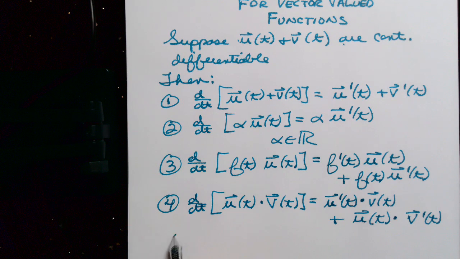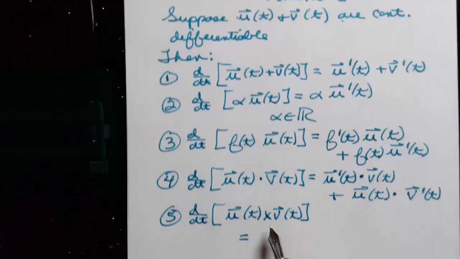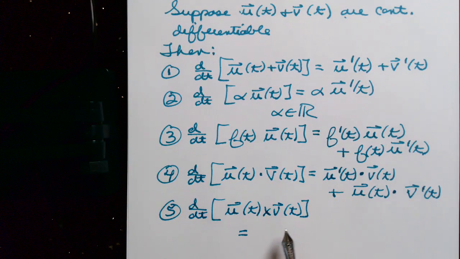What about the derivative of the cross product? Now remember, when you take the cross product of two vectors, you get another vector. So what I get on the right-hand side better also be a vector. And if you were guessing, I think you would probably guess the answer.